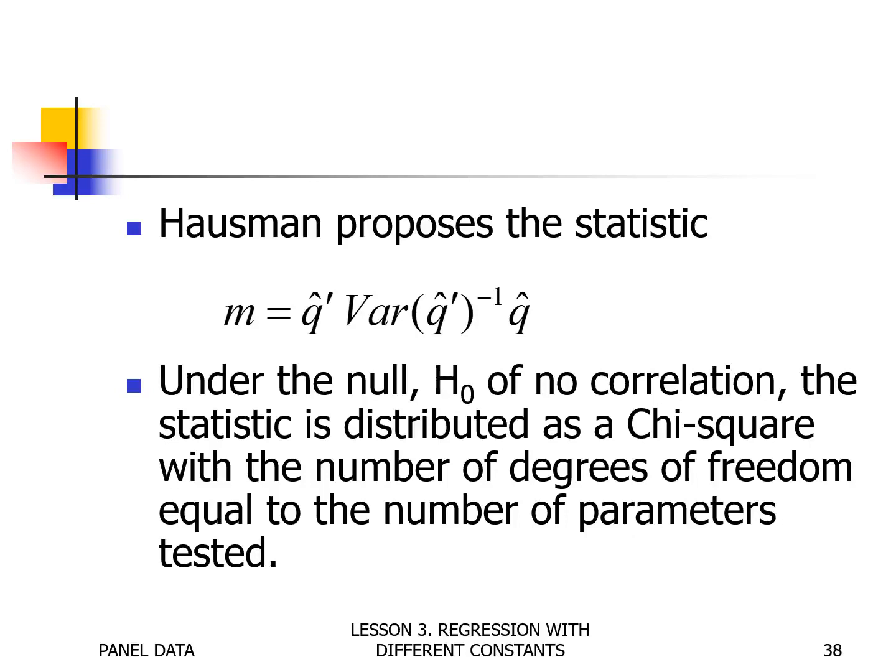Under the null of no correlation, the statistic would be small, and under the alternative it would be big. Under the null, it's going to be distributed as a chi-square with the number of degrees of freedom equal to the number of parameters tested, and under the alternative, this is going to be a non-central chi-square, so it's going to be big.